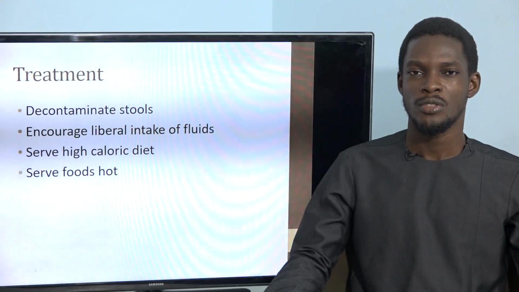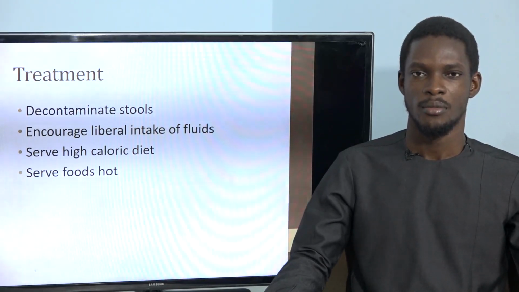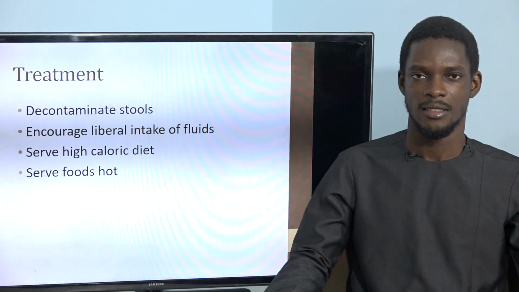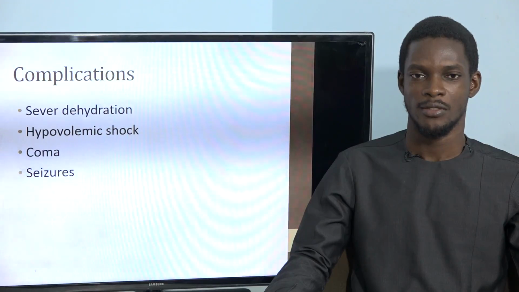Then you also want to serve foods as hot as possible because the Vibrio cholerae bacteria cannot withstand heat, and therefore serving foods hot can help prevent the occurrence of the disease.